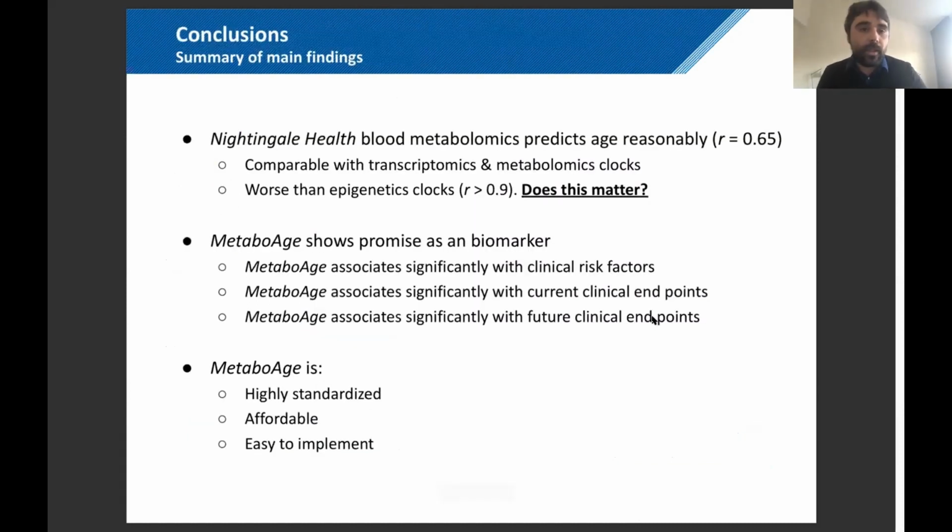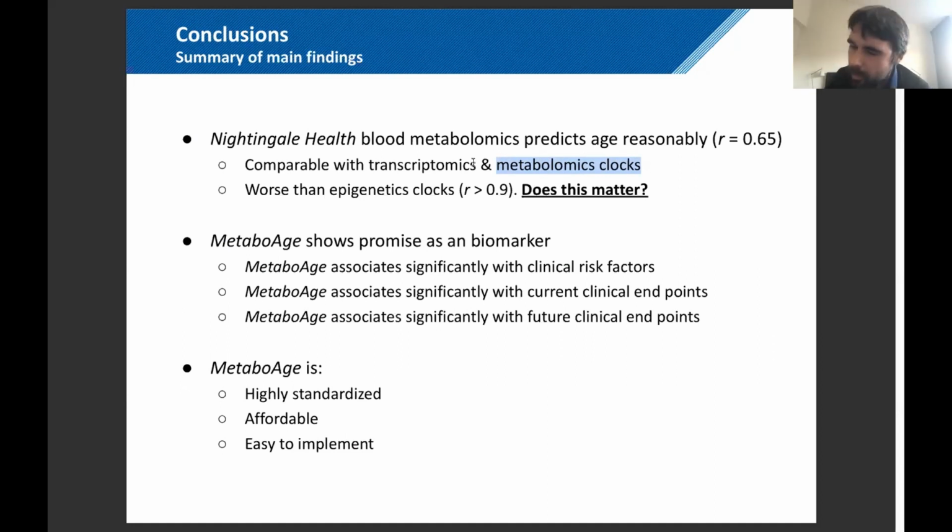Okay, so to wrap up this part of the presentation, we are reasonably able to predict age from the blood metabolomics panel. And in that sense, metabolomics clocks do way better in terms of the prediction of age.